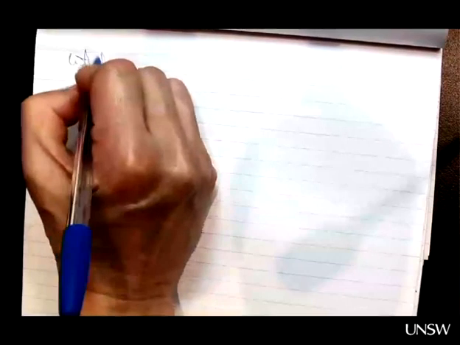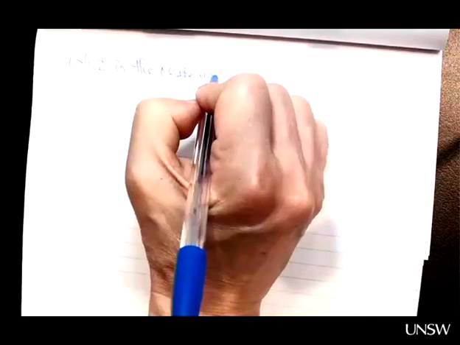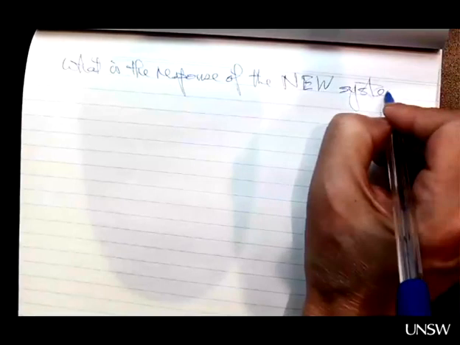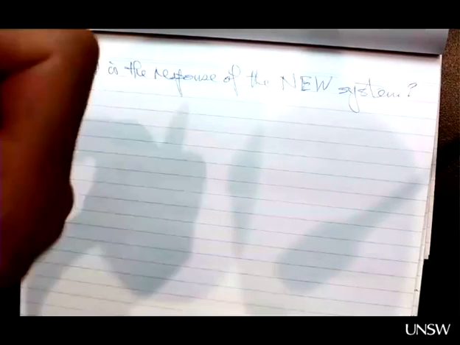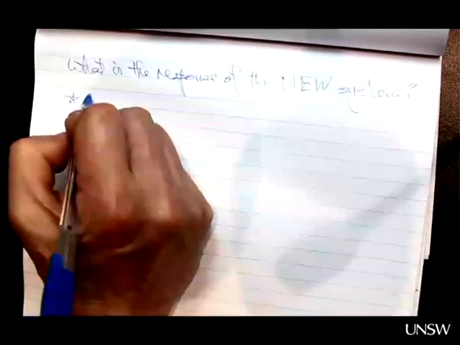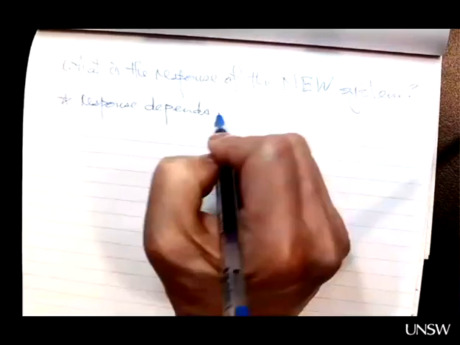Then we ask the question, right? What would be the response of the new system? We always know, from recalling, right? The response depends on the characteristic equation.